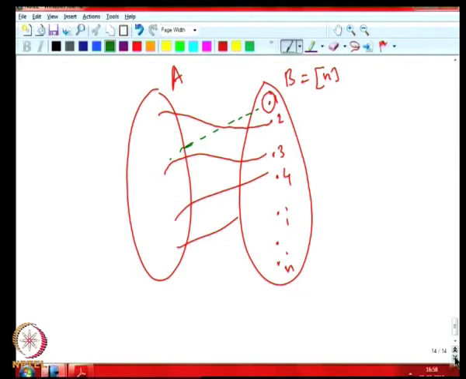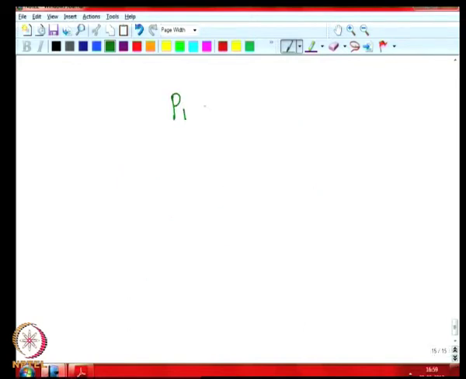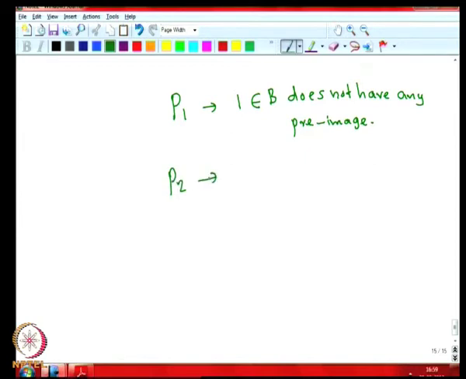So the undesirable property P1 we can define as: 1 in B does not have any preimage. Similarly, P2 can be defined as: 2, an element of B, does not have a preimage.